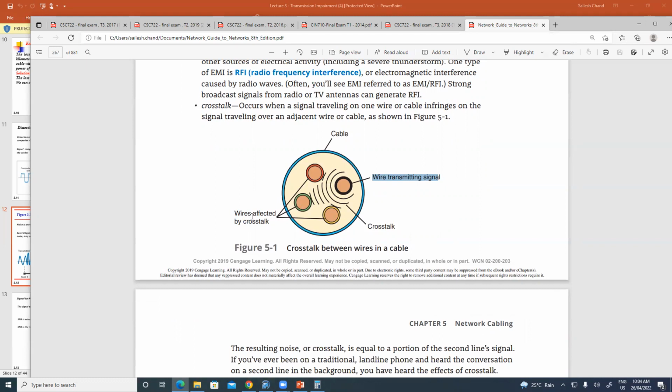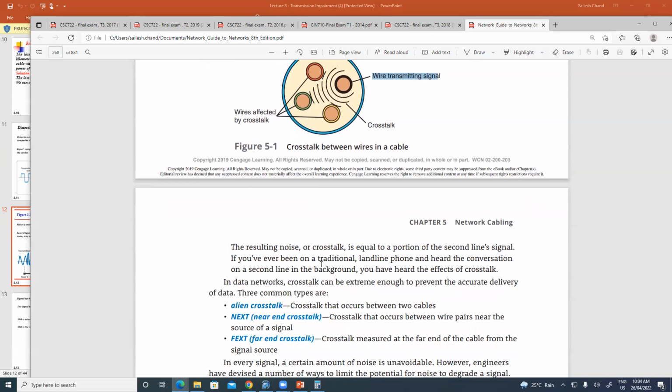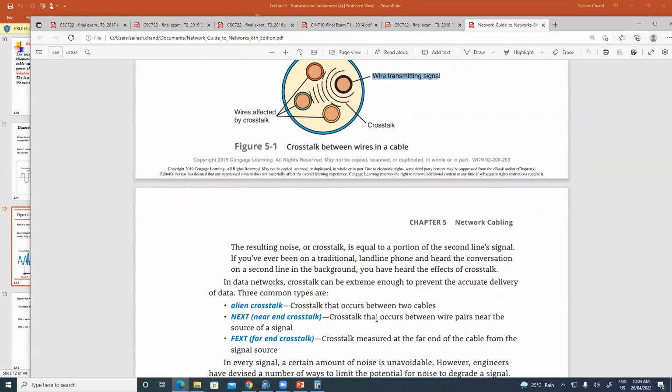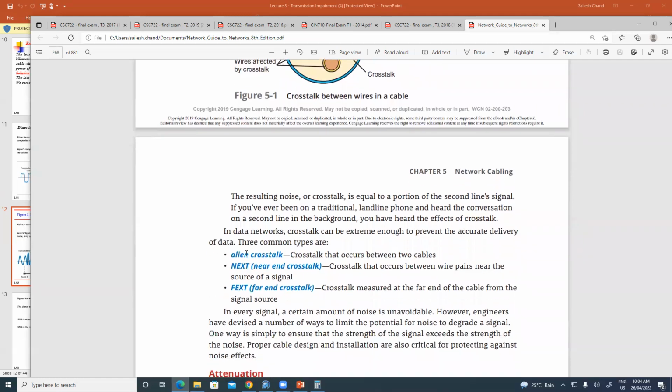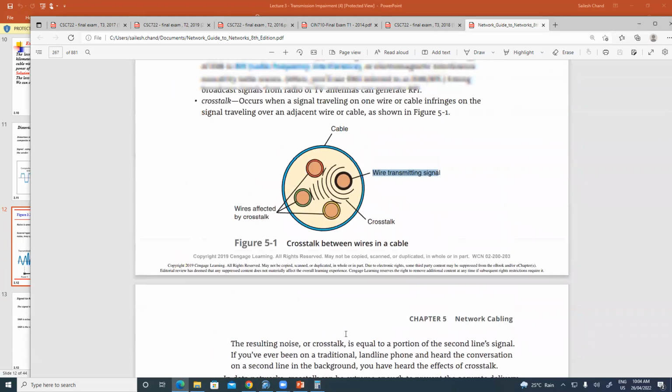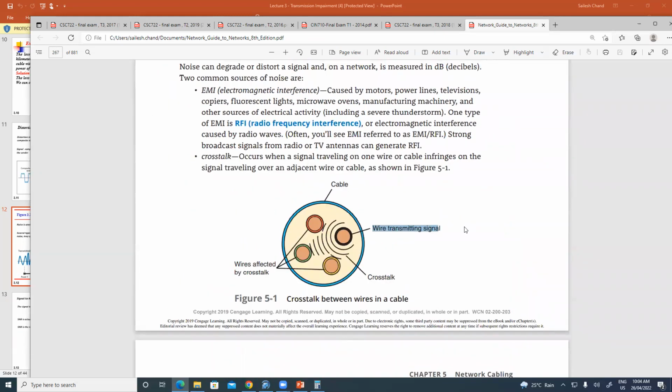That is an example of what crosstalk is. The resulting noise of crosstalk is equal to a portion of the second line's signal. Of course, the second line will probably also transfer some data, so with the introduction of noise from one line affecting the other, the data can get corrupted. There are several types of crosstalk: alien crosstalk, near-end crosstalk, and far-end. Not to worry more about that here, but just to know what crosstalk actually is.